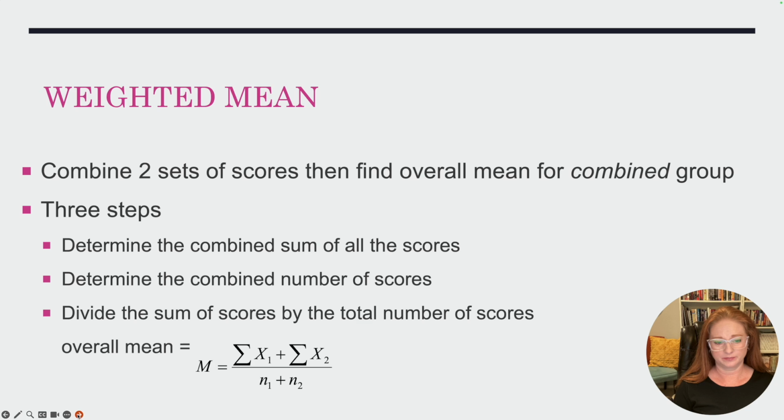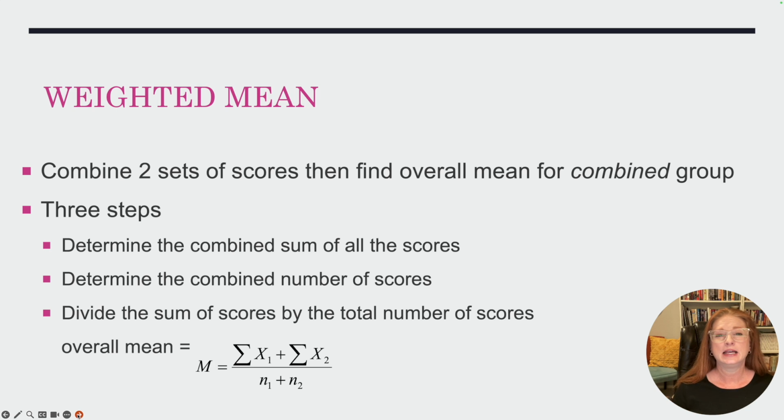The weighted mean equals the sum of x for the first group plus the sum of x for the second group. I'm just going to use 2 sets of scores for this one, but in theory you can keep going. If I had 3 or 4 groups, it would then be plus the sum of x for the third group plus the sum of x for the fourth group. So you get it.